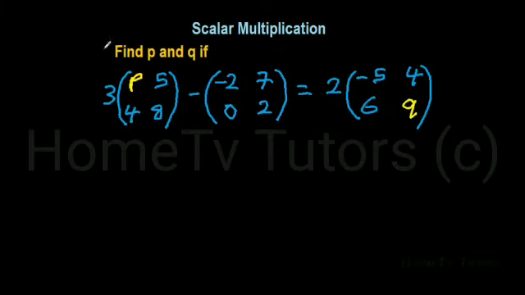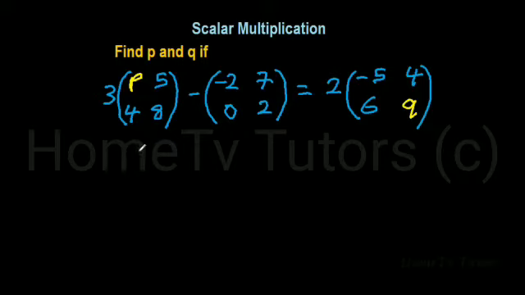Now let us look at this example. I guess this is going to be more interesting than the previous questions that we've dealt with. Find the elements p and q if we have 3 times the matrix [p 4; 5 8] minus the matrix [-2 0; 7 2] equals 2 times the matrix [-5 6; 4 q].